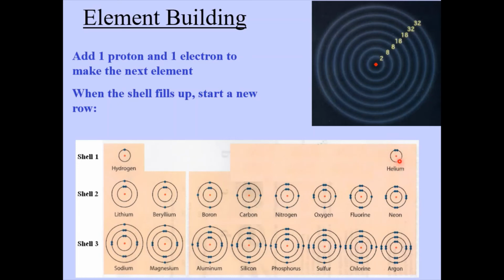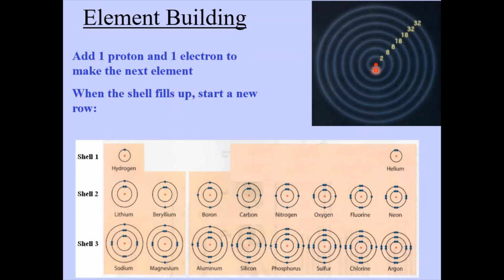We've got the little red dot in the middle for the nucleus, which, by the way, doesn't show all the protons. We're just going to use a red dot to indicate the nucleus. But you can see both electrons are shown as the little blue dots there, both in the first shell. So there, hydrogen and helium make up our first shell because there are no more seats available.